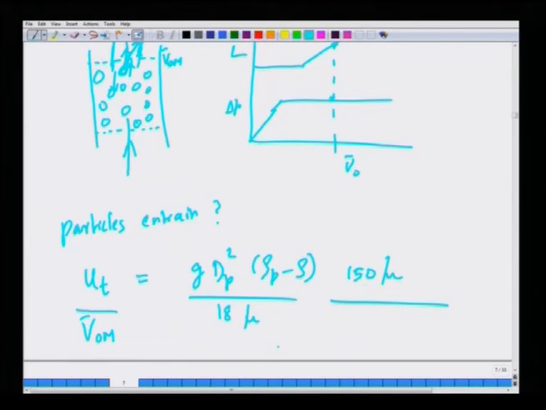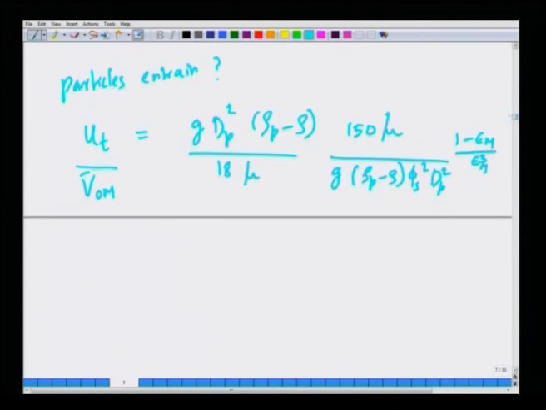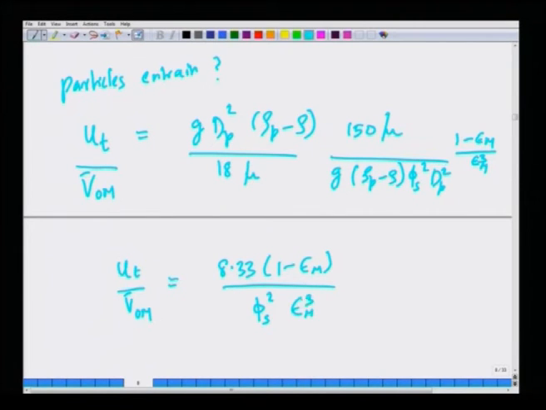We divide it by the fluidization velocity for low Reynolds numbers, and then you will get ut by V0m, which is 8.33 (1 minus epsilon m) divided by phi s squared epsilon m cubed.